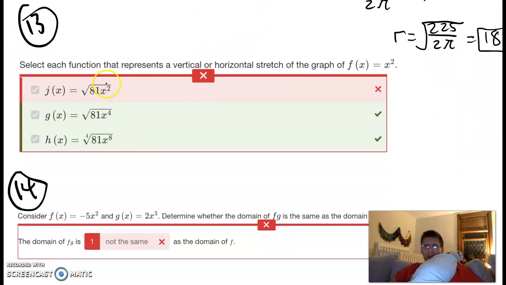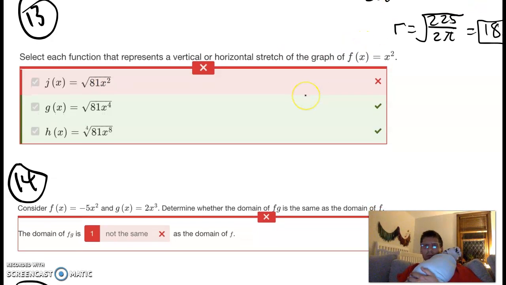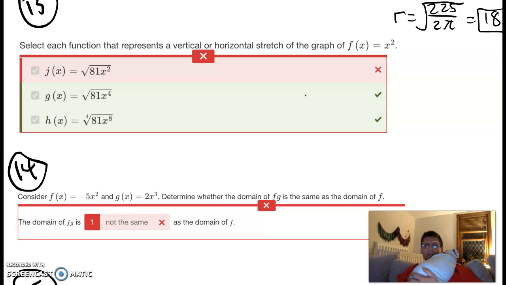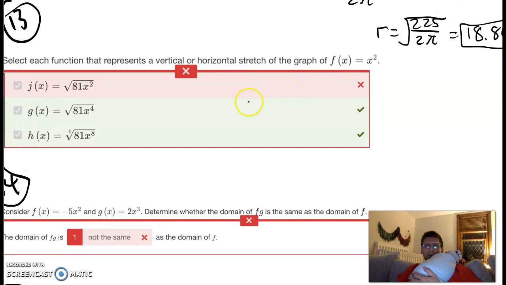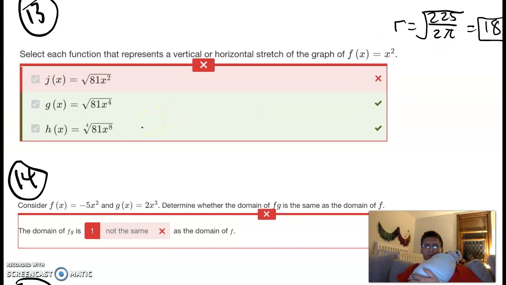Select each function that represents a vertical or horizontal stretch of the graph. Ooh, interesting. Well, the thing is, this one, when you take the square root of x squared, this just becomes 9x.